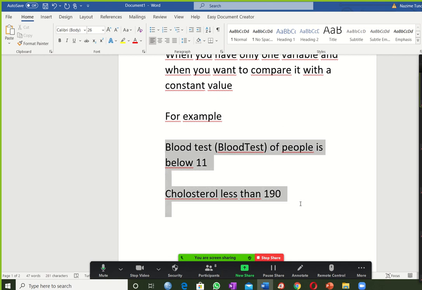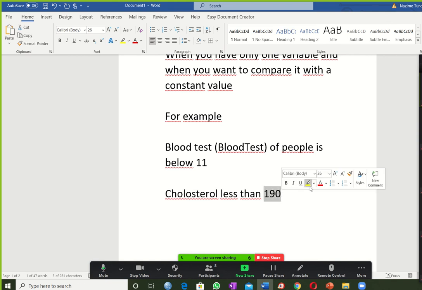For this kind of purpose, we use this test. For finding how many patients have cholesterol less than 190, this is a constant number, it can be anything else. So it depends on our research study.